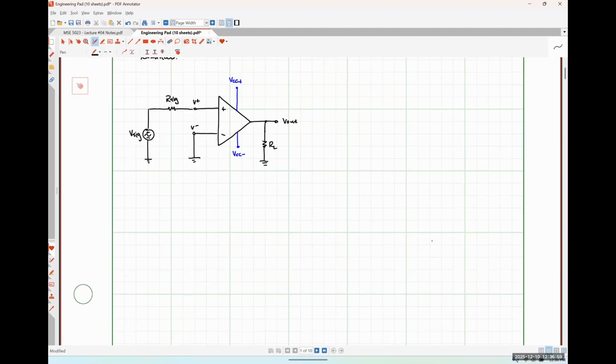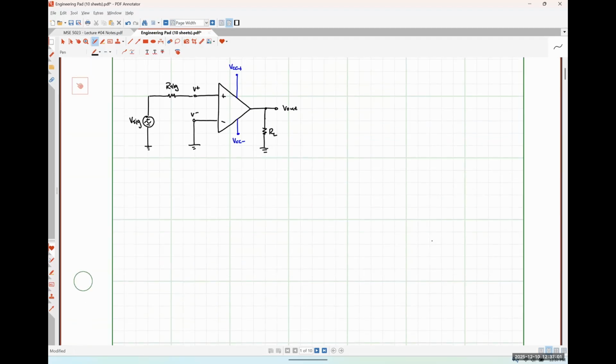Okay. So the first application of an open loop op amp circuit that I want to talk to you guys about is the non-inverting comparator.